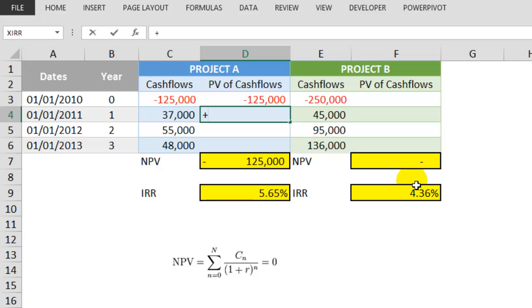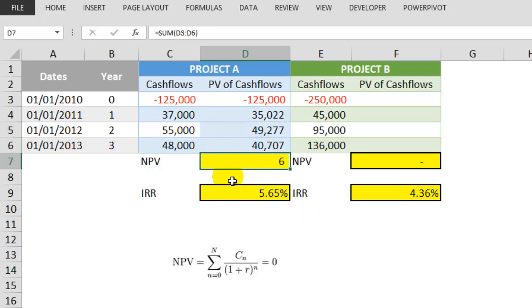For the second one, the cash flow divided by 1 plus the rate of return raised to the power of 1 as it is in the first year. As we're using the data from the same sheet, we'll freeze the cell D9, which is my internal rate of return. Copy to the remaining cells.